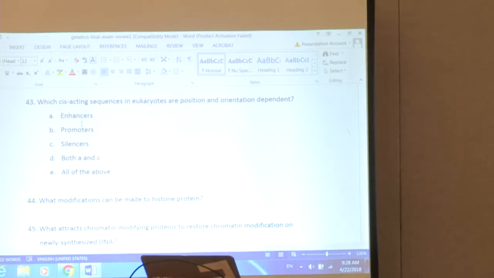In this case, yes. But promoters are orientation dependent. Are they both position dependent though?